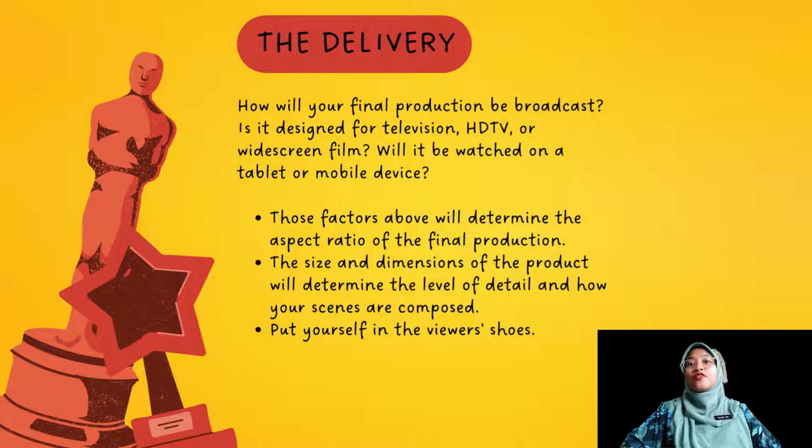Those factors will determine the aspect ratio of the final production, because the size and the dimensions of the product will determine the level of detail and how your scenes will be composed. And then this is where the editor or the director must put themselves in the viewer's shoes to produce higher quality videos.